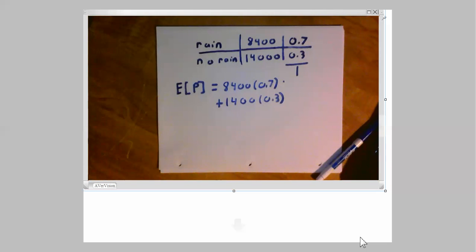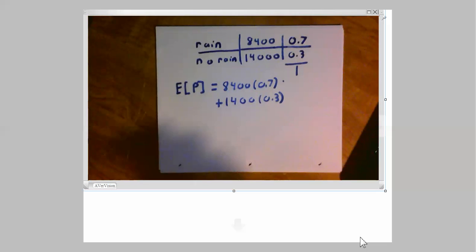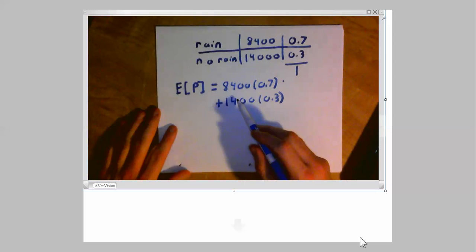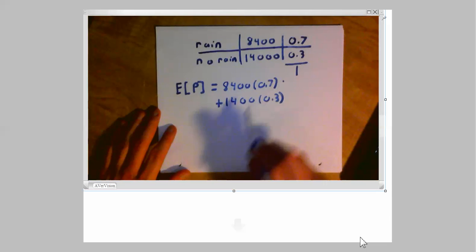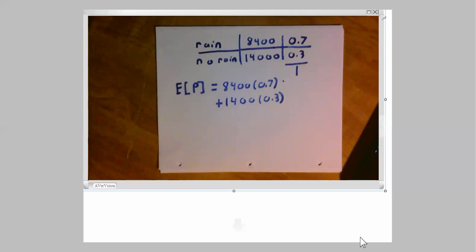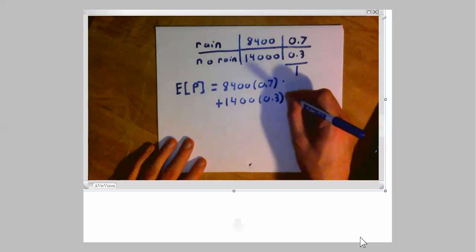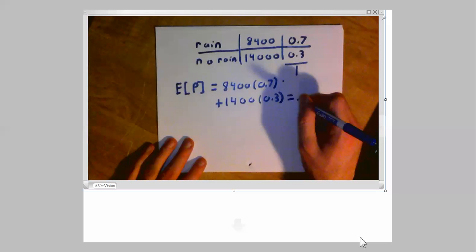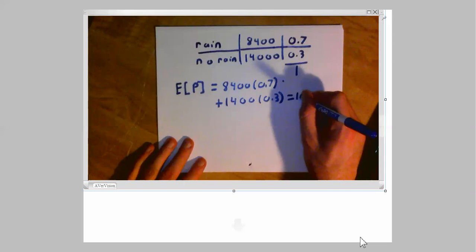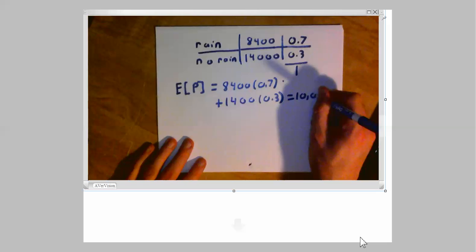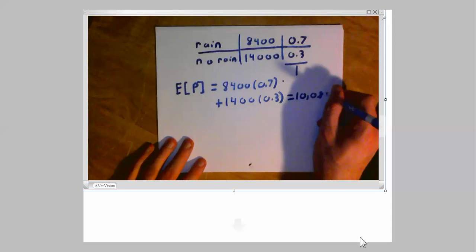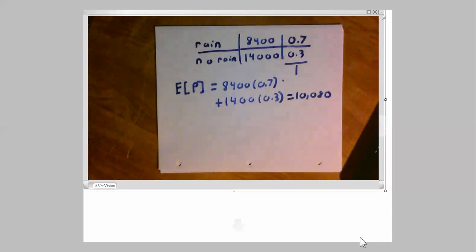And what you should get is 10,080 people. If we do 8,400 times 0.7 plus 14,000 times 0.3, we should get 10,080 people. So this is what we expect. That's 10,080, the number of people we expect at the event.